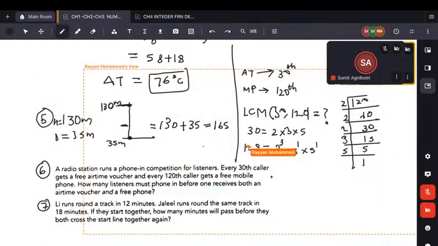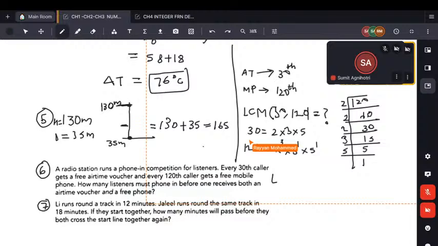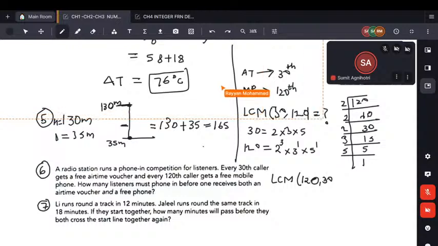Now, in order to find out the LCM, what will you do? To find out the LCM of these two numbers, 120 and 30, what will you do? You will take the highest power of 2, that is 3.